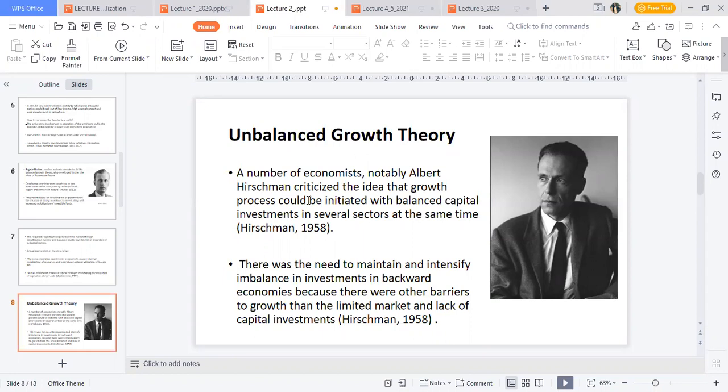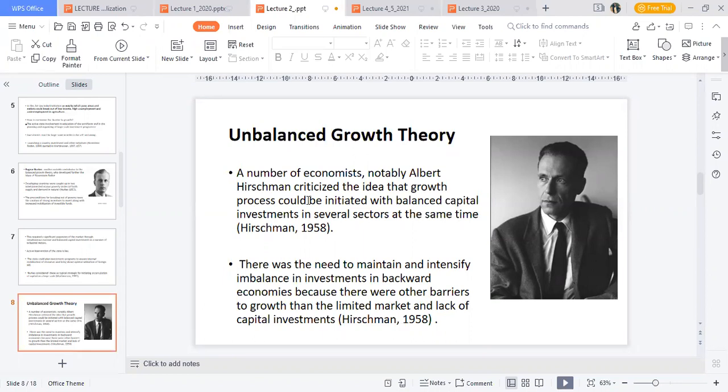So what this man is saying is that apart from what the last man said regarding the vicious cycle of demand and supply, there are other conditions that prevent us from advancing. It could be political influence. It could be, let's say, unproductivity. It could be other things that prevent people from working, not really about investment and capital investment.